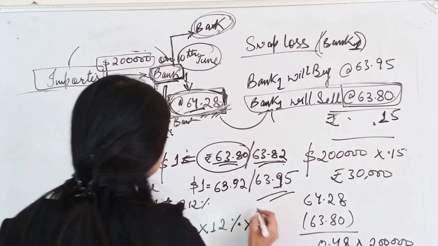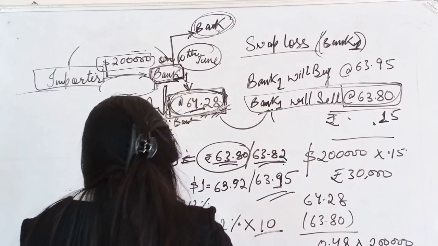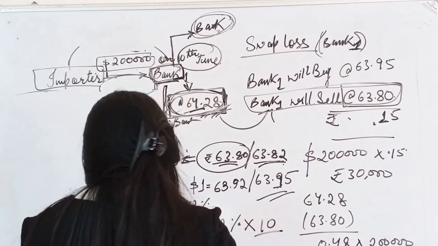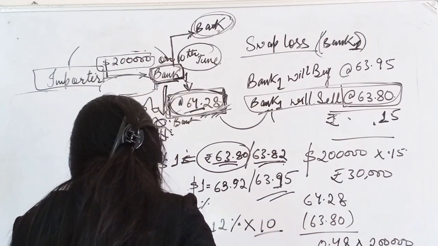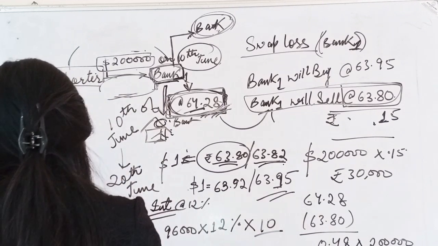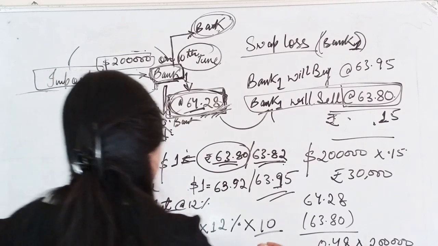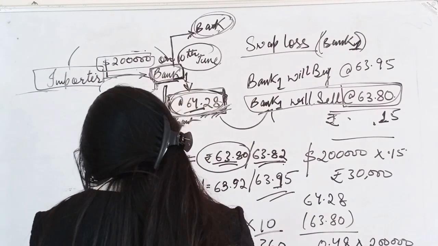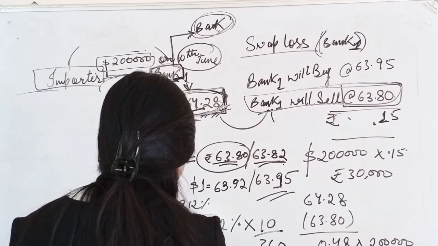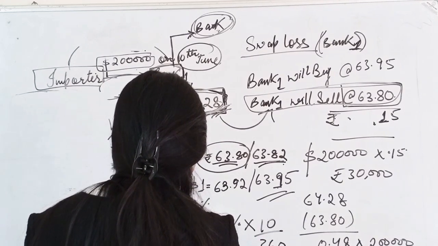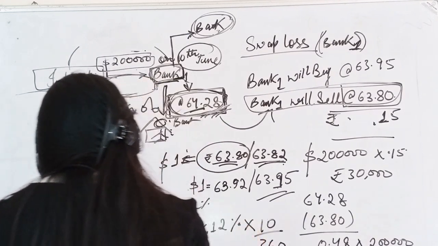So this rate will be for 10 days, and let me see whether it has been given in the question whether we have to take 360 or 365 days. There is nothing mentioned in the question, so we will take 360 days, and after calculating I am getting 320 rupees. So this is the interest outlay.